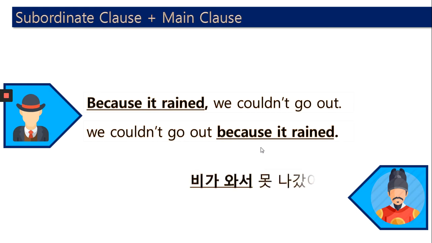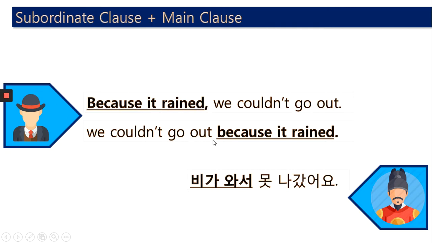In Korean, because it rained, it's 비가 와서, we couldn't go out, 못 나갔어요. 비가 와서 못 나갔어요. This is because, right? So subordinate clause, and this is the main clause. The subordinate clause ends with a connective ending. The main clause ends with a final ending.